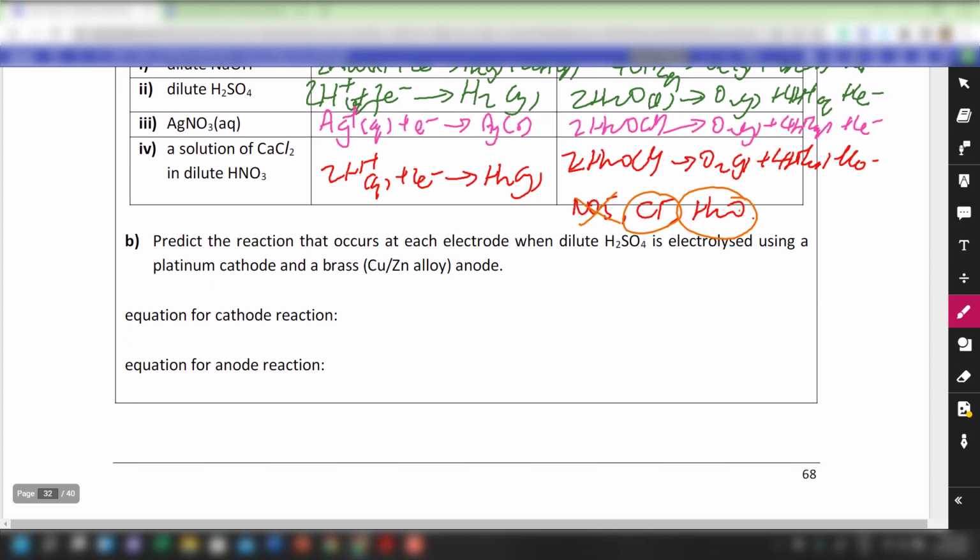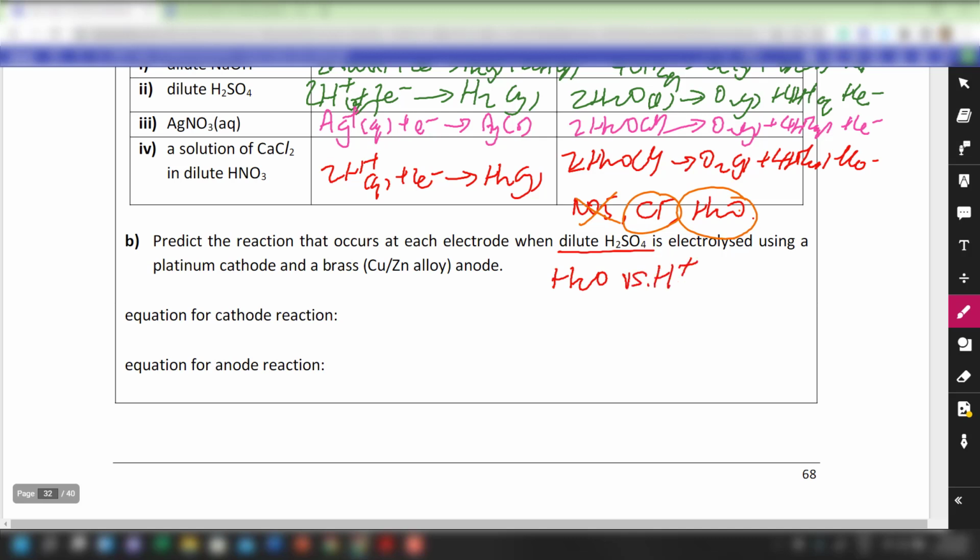Finally, we have part B: predict the reaction that occurs at each electrode when dilute H2SO4 is electrolyzed using a platinum cathode and brass anode. Equations for the cathode. At the cathode, we expect reduction to take place because we have dilute H2SO4. So at the cathode, I expect a competition between H2O and H+.